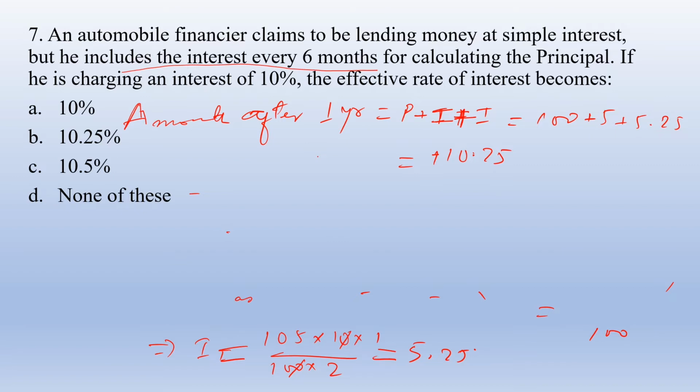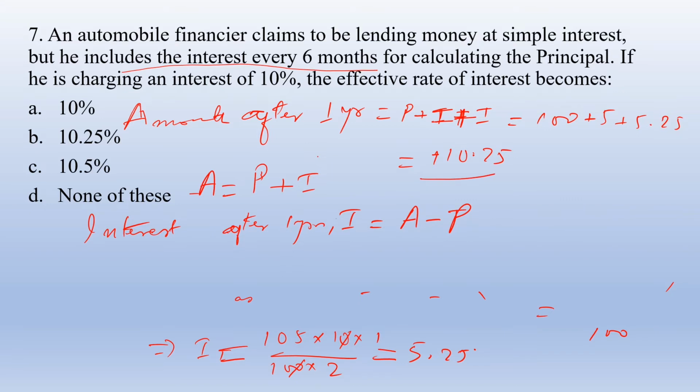So now we have to find the interest for 1 year. We know the formula: amount is equal to principal plus interest. So the interest after 1 year will be I equal to amount minus principal.